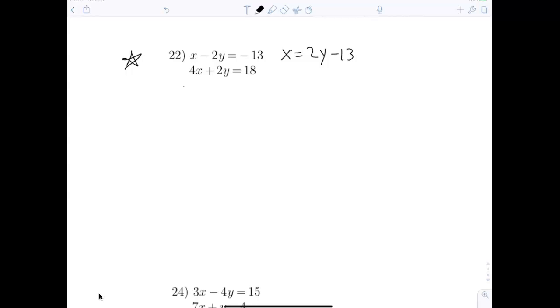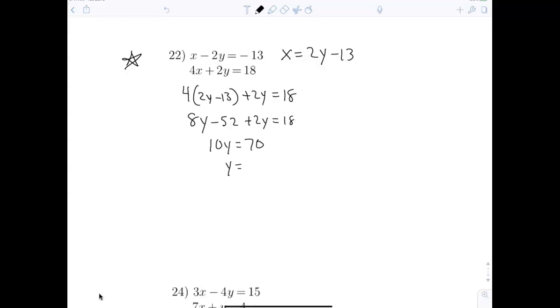So let's do this. 4 parentheses 2y minus 13 plus 2y equals 18. Everybody happy with that? So now 8y minus 52 plus 2y equals 18. So 10y is equal to 70.